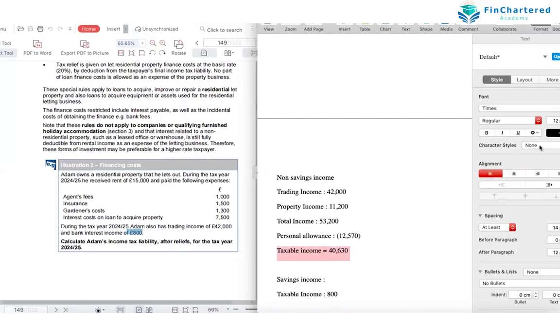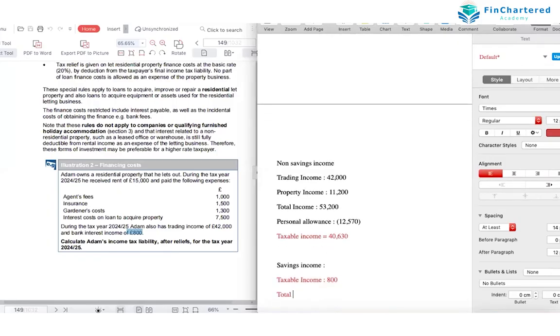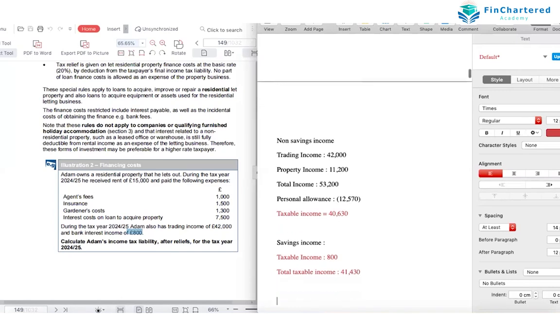Therefore, the total taxable income will be 41,430. Total taxable income will be 41,430.